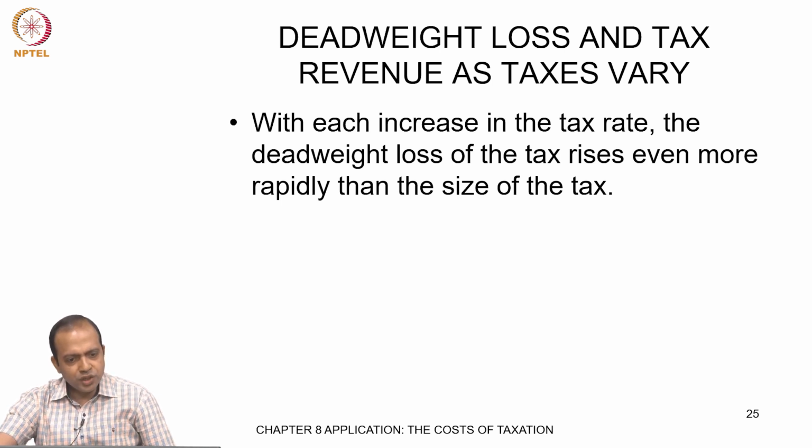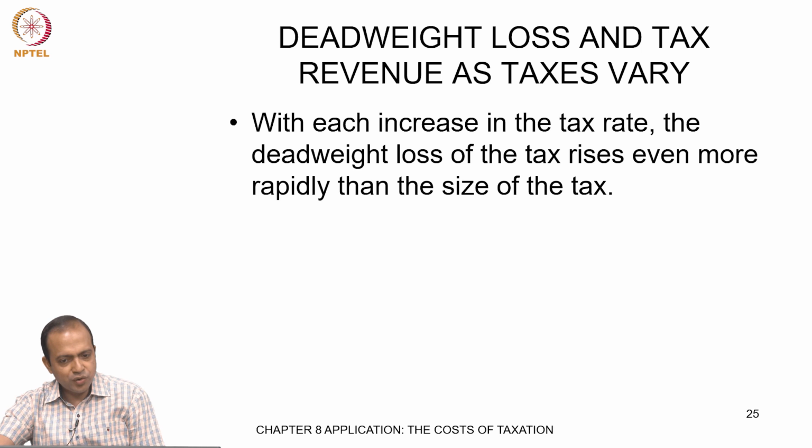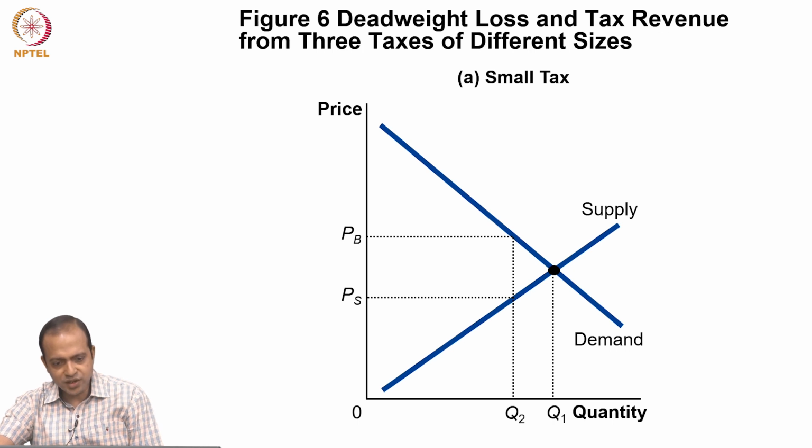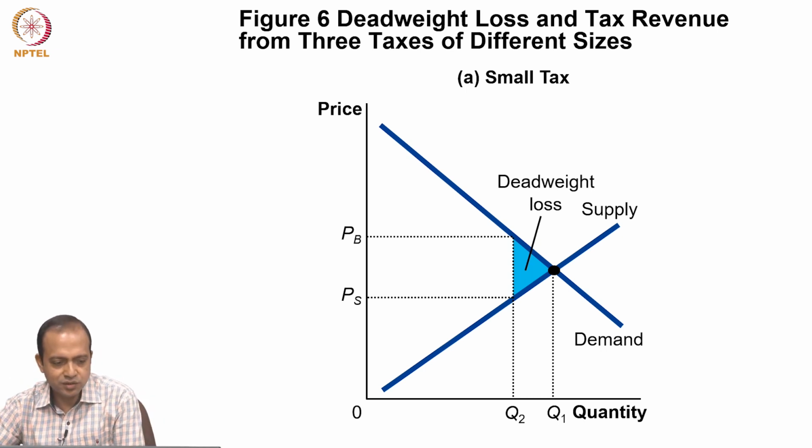So, with each increase in the tax rate, the deadweight loss of the tax rises even more rapidly than the size of the tax. Okay, let us try to understand this. Initially this is the tax rate, a small tax. What is the tax amount?